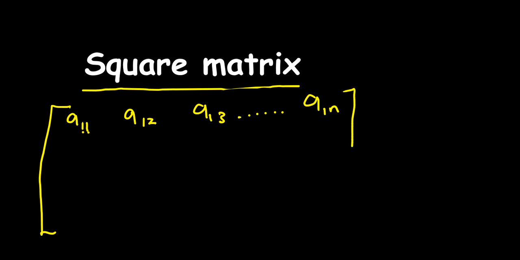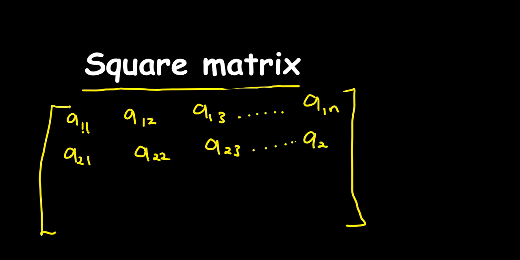Okay, so this is my matrix, and then when we are going down now, this here is the second row, so I'll write a2, meaning in the second row, right? And then first column, this will be the second row, second column. This one here will be the second row, third column, and then we can continue going like that until we reach the second row and then nth column.